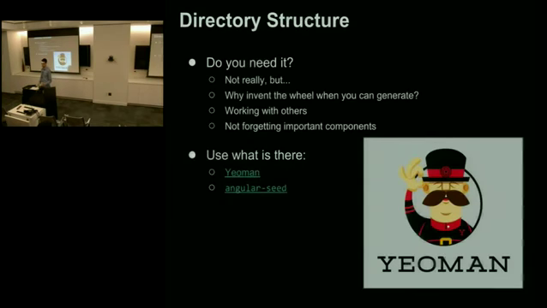So, getting started, the first thing that we're going to be talking about is directory structure. This is first because it's usually the first thing people see visually when they start to build an Angular application. And when you go to build your Angular application, people say, well, what kind of folders should I have in my project? Where should I put my files?